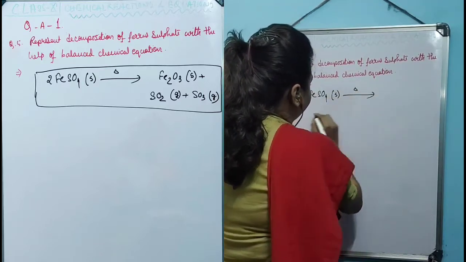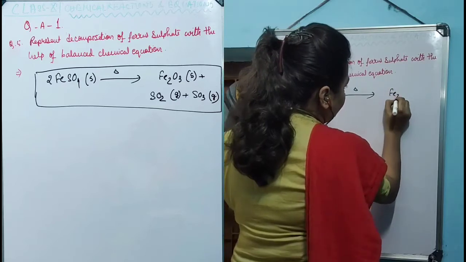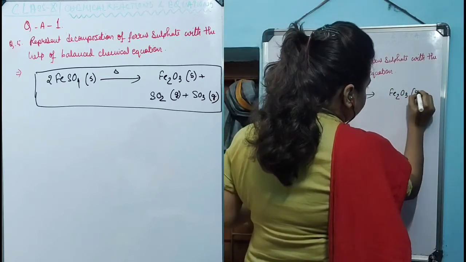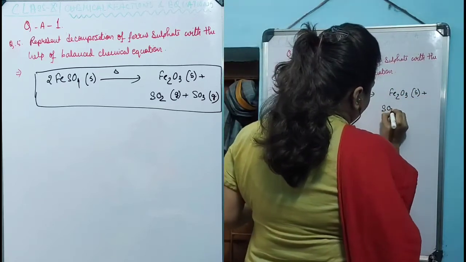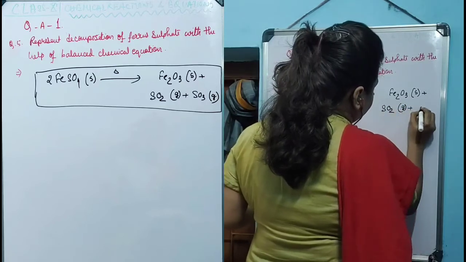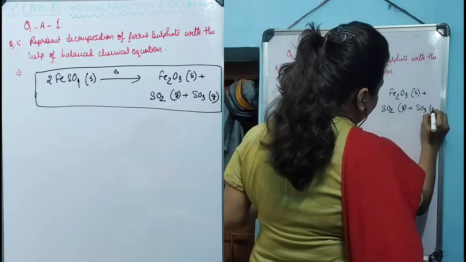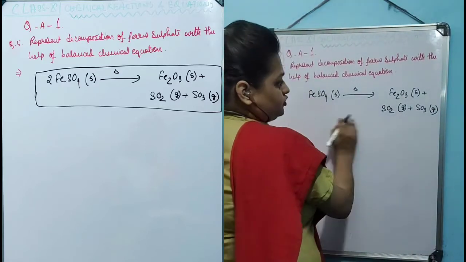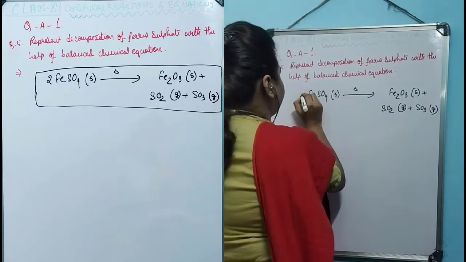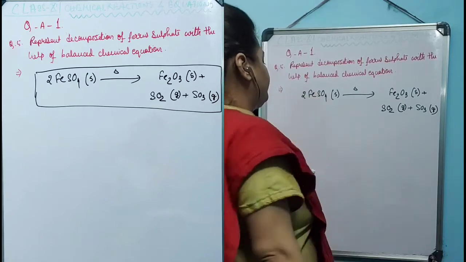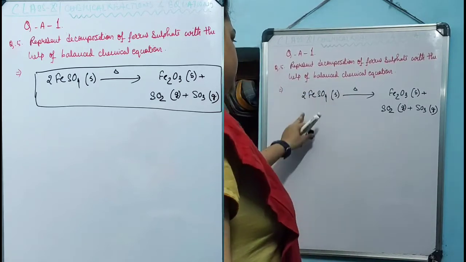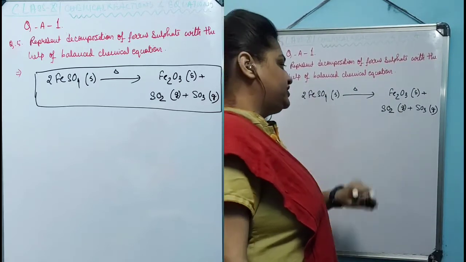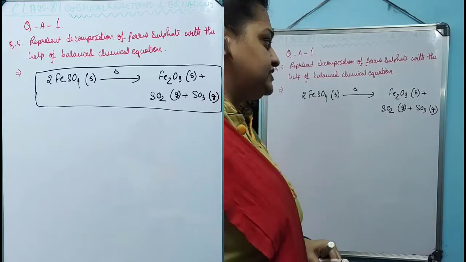When it is heated, it decomposes to give Fe2O3, which is solid in nature, sulfur dioxide, which is gaseous in nature, and sulfur trioxide, which is also gaseous in nature. So, to balance this entire thing, we need to multiply FeSO4 with 2, which will produce 2 iron on the right hand side; also 2 iron is present.